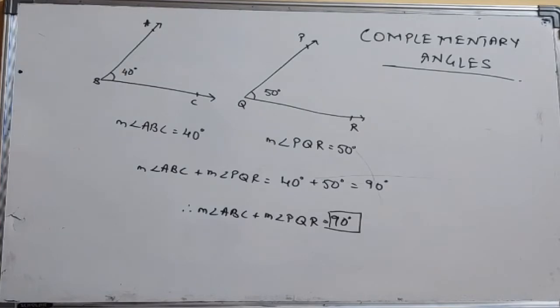Okay, complementary angles are those angles whose sum is 90 degrees.